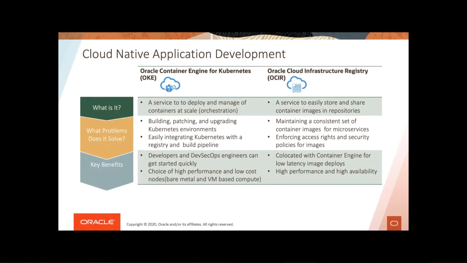For example, OKE supports Kubernetes Helm for easy deployment of Kubernetes apps, and several other features like bare metal support for worker nodes, along with virtual machine, HPC shapes, and more.